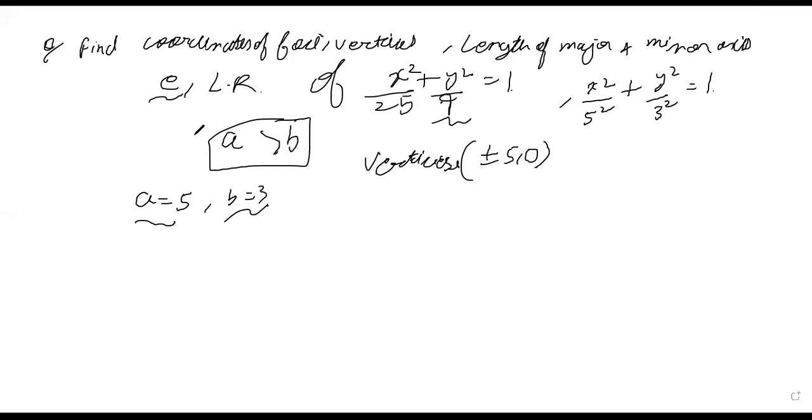Which equation was that? b square equals to a square into 1 minus e square. Yes, we know the value of b, we know the value of a, we can find the value of e. So solve this and tell me the value of e.